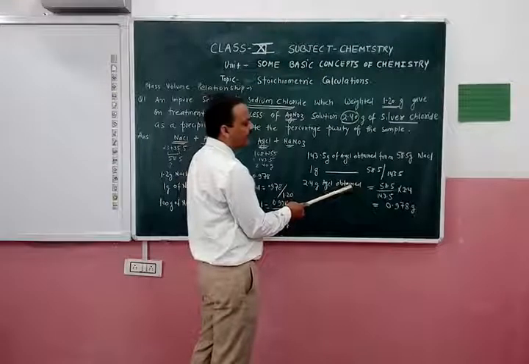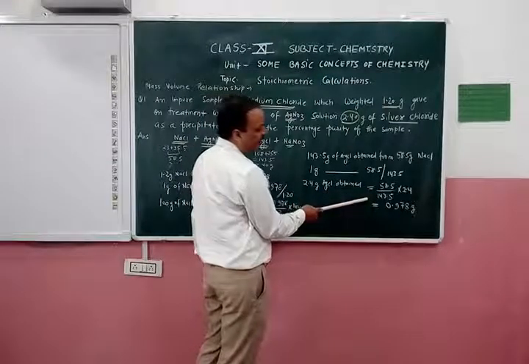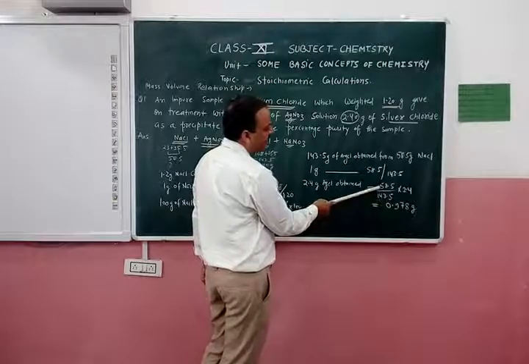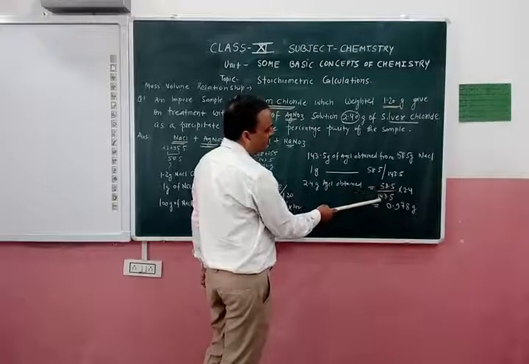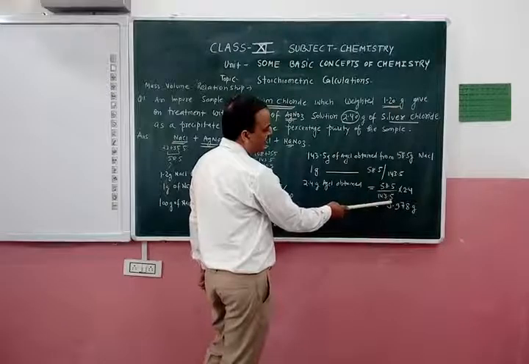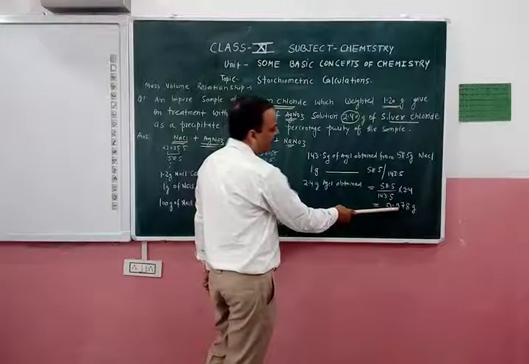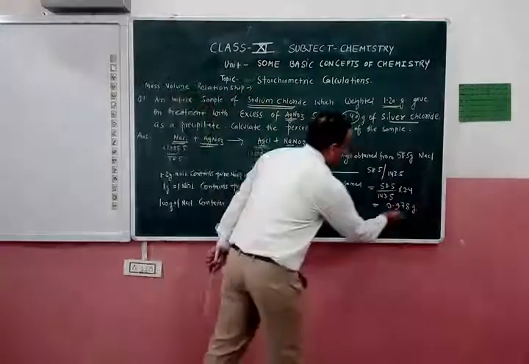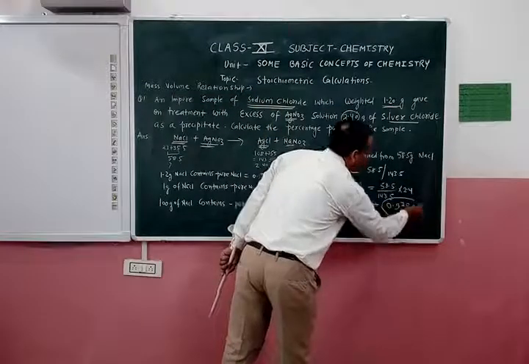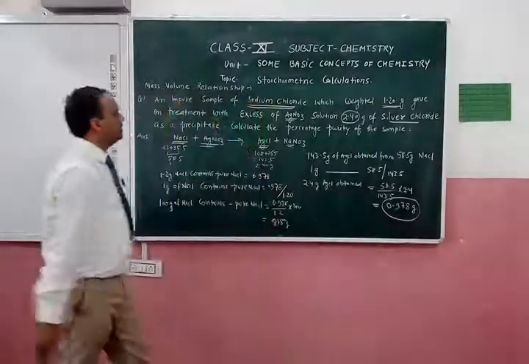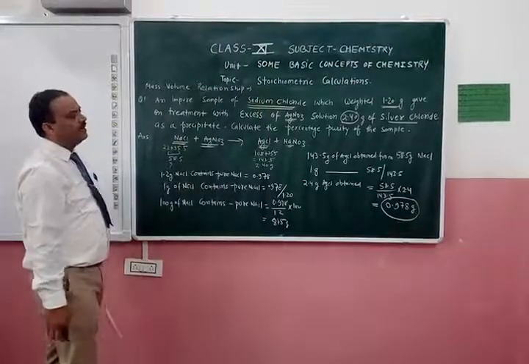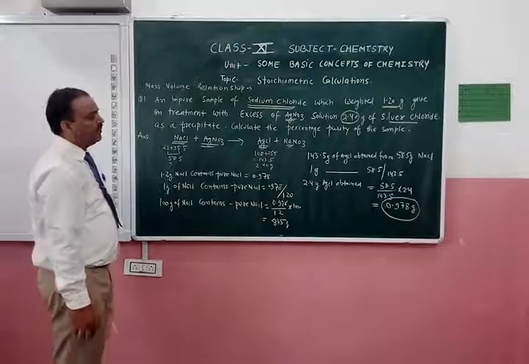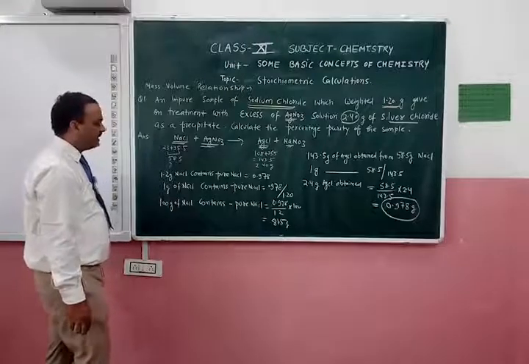The required quantity of NaCl we get by this equation: 58.5 divided by 143.5, which is 0.978, multiplied by 2.4. So this is the required quantity of sodium chloride for getting 2.4 gram of AgCl.